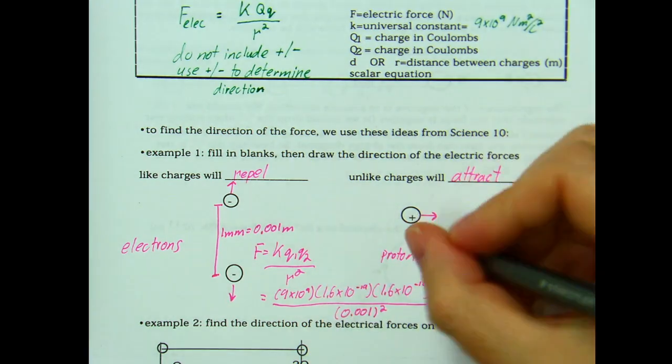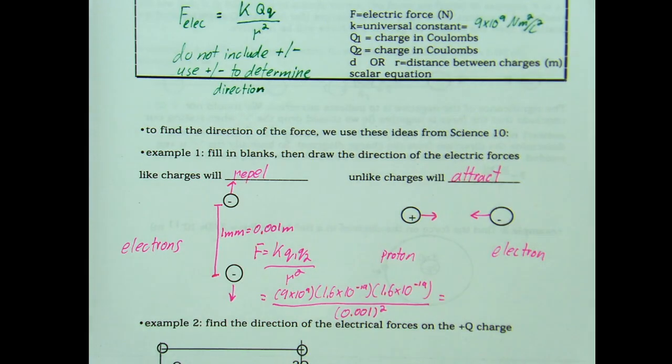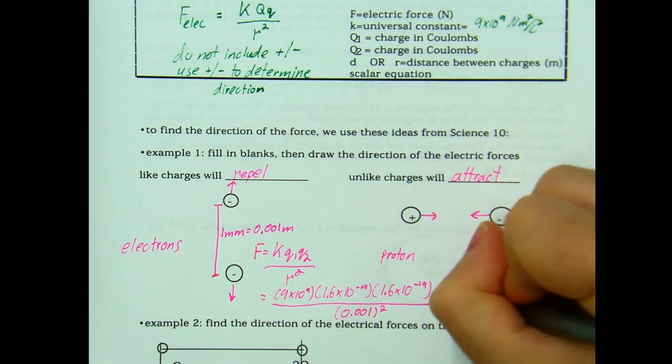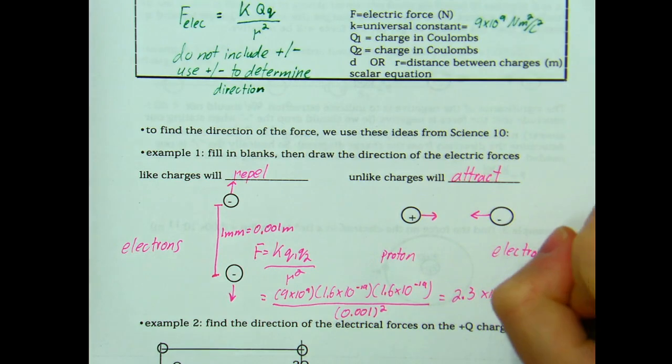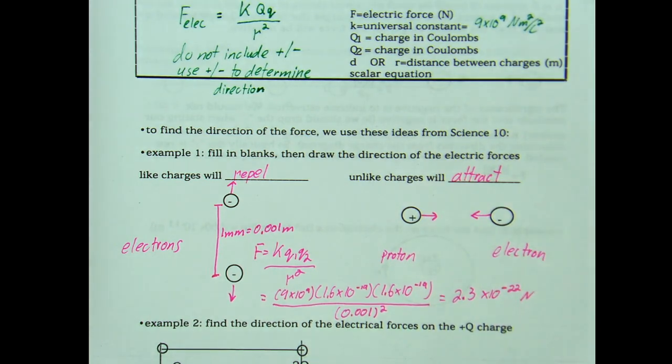And what you're going to find here is that the force between these two is 2.3 times 10 to the negative 22 newtons, which sounds very, very small. But these objects are also very, very small.